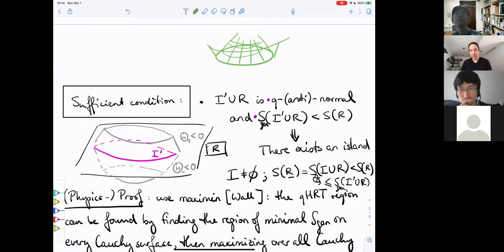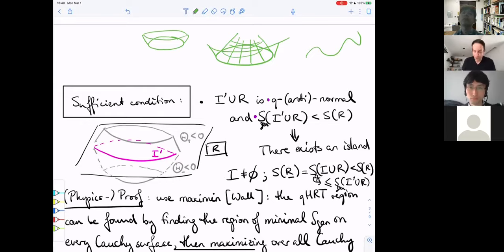That's what I mean by a normal surface. A generic surface will be partially normal, partially trapped, anti-trapped, whatever. Of course, a spherical surface deep inside a black hole will typically be trapped, so even the outgoing light rays have decreasing area. Okay, so normal just means, well, it's normal, except it's important that we're talking about the generalized entropy, not just the area.